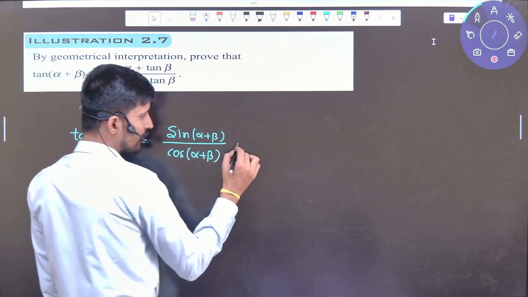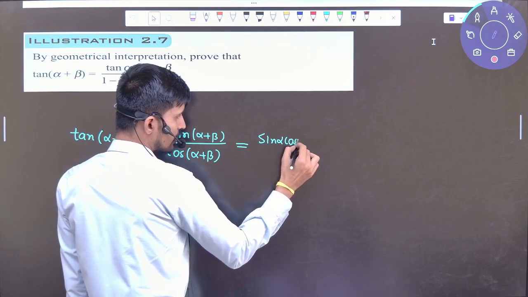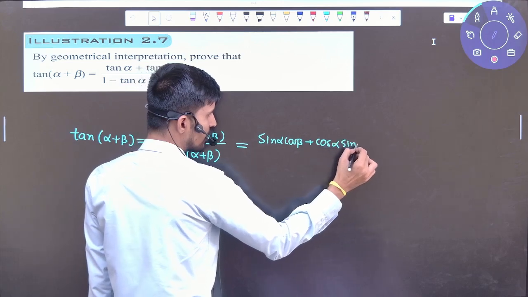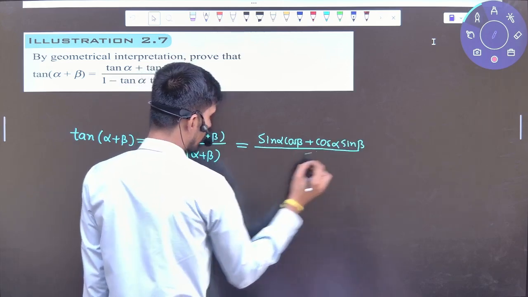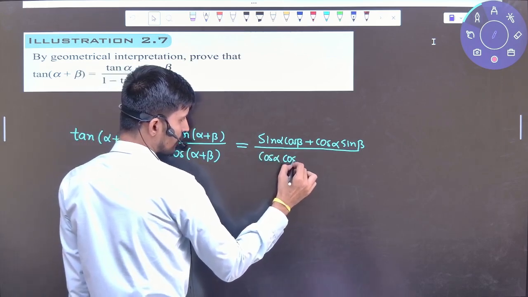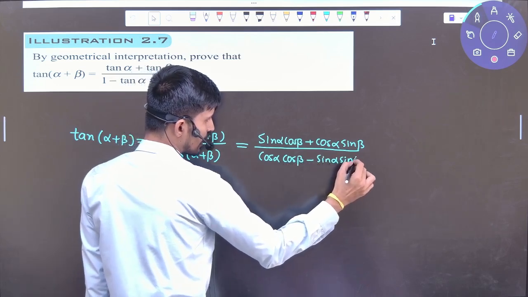And what is sin alpha plus beta? Sin alpha cos beta plus cos alpha sin beta upon, what will be cos alpha plus beta? Cos alpha cos beta minus sin alpha sin beta.